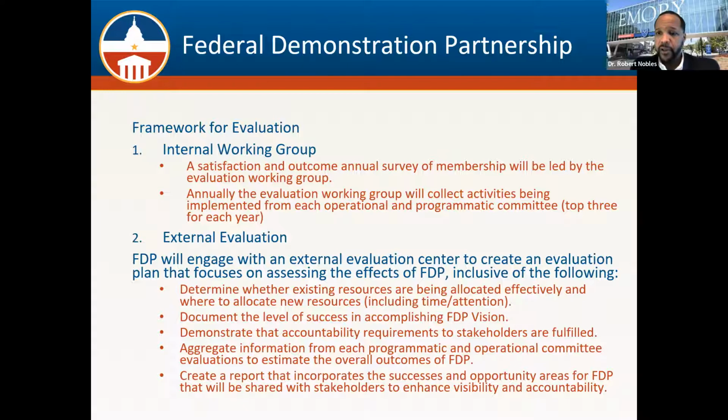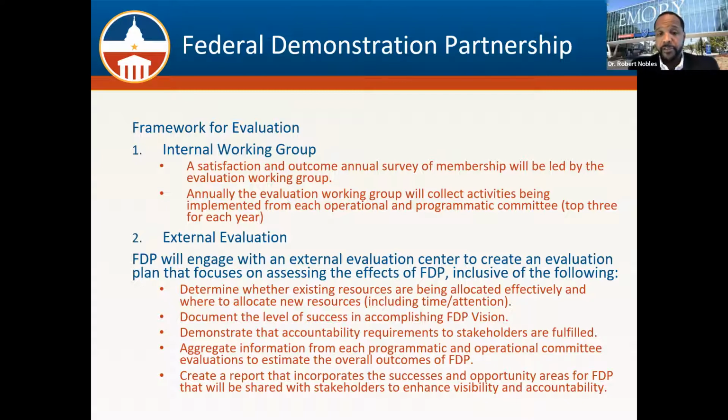One of the things that get lost, I think, when we think about FDP as being a large organization, is that the flow of information of knowing what each of the groups have as priorities and their progress toward making those priorities has not been disseminated as fluidly as we would desire. And so part of the evaluation process on an annual basis would have an annual report related to where we are as an organization on satisfaction, outcomes, and productivity of our groups that we've convened.